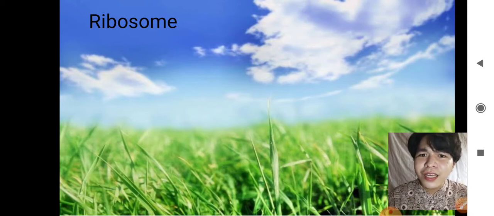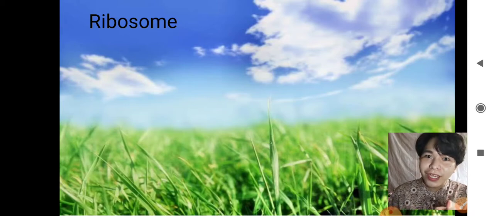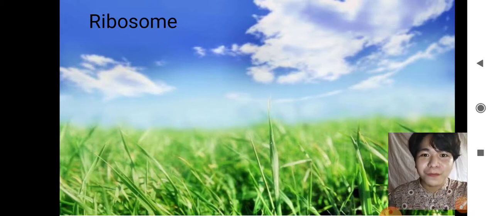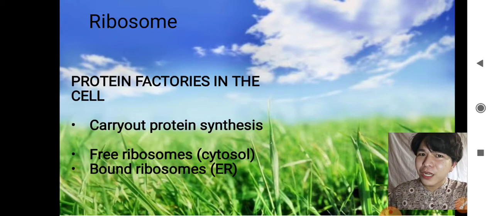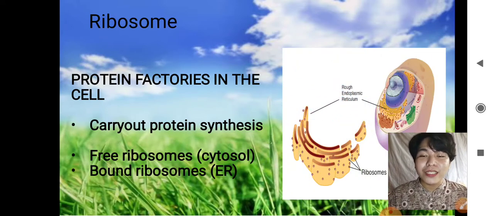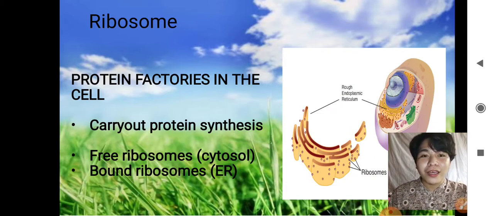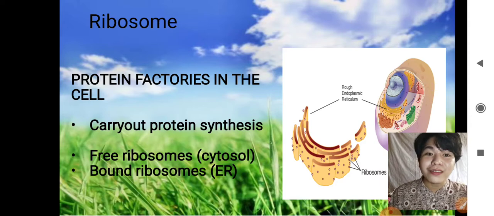My question, where are ribosomes synthesized? You got it right. Nucleolus. So, what is the role of ribosomes? It is the protein factories in the cell. Because what? It carries out protein synthesis. So we have two types: free ribosomes and bound ribosomes.